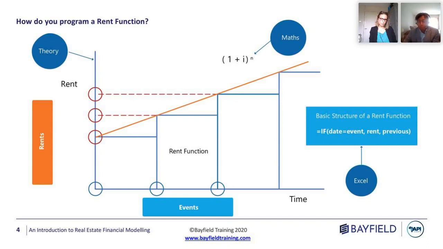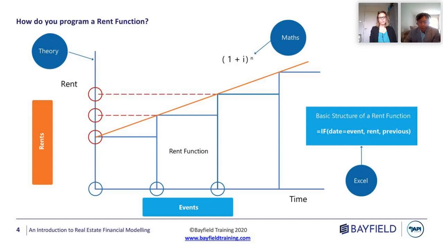So those dates that we refer to as rent events could be start of the lease, end of the lease, indexation, rent review, lease expiry, void period, and all those events can happen at any point of time during the course of the life of the property.